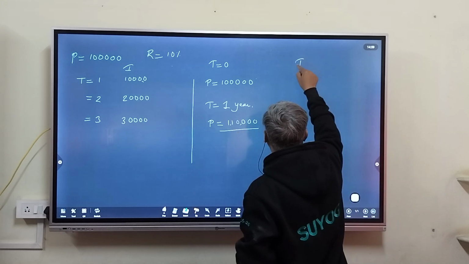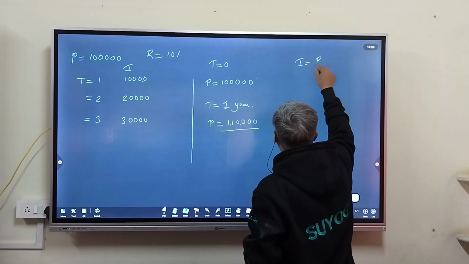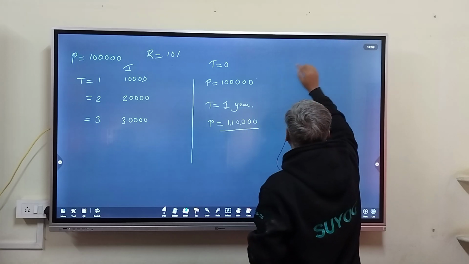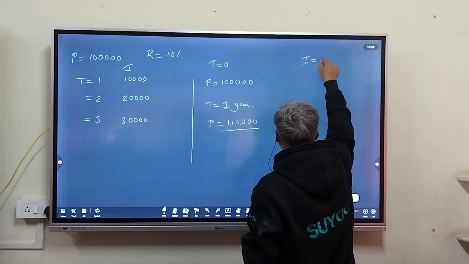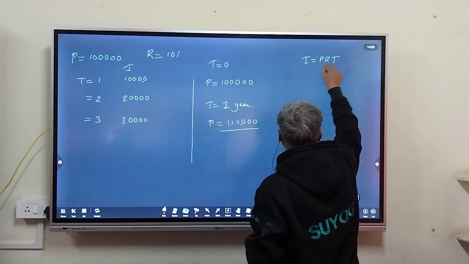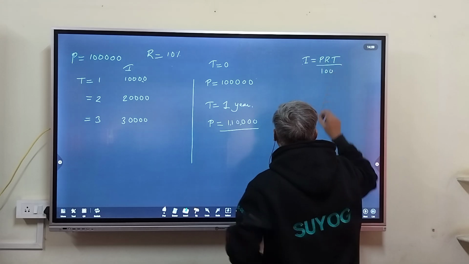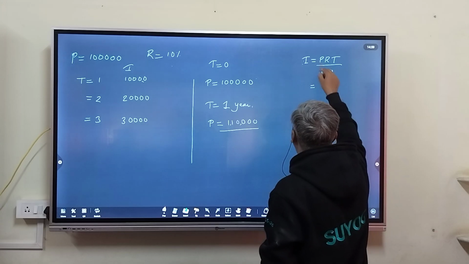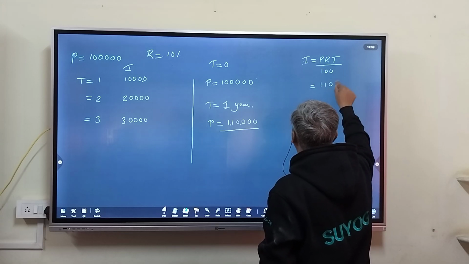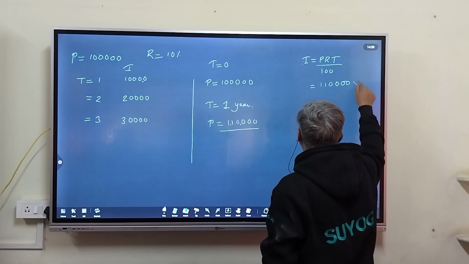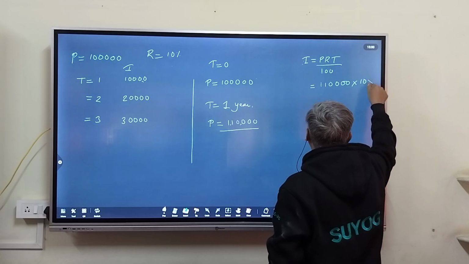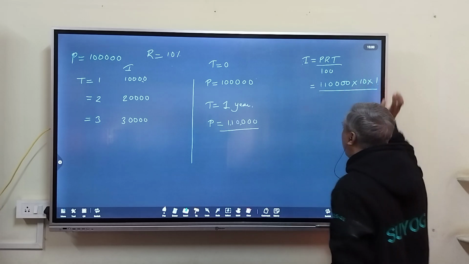So I is equal to PRT upon 100. This is equal to P is 1,10,000. R is 10. Next year we'll only calculate for 1 year.